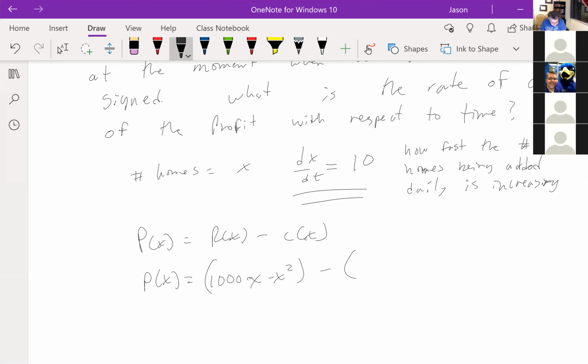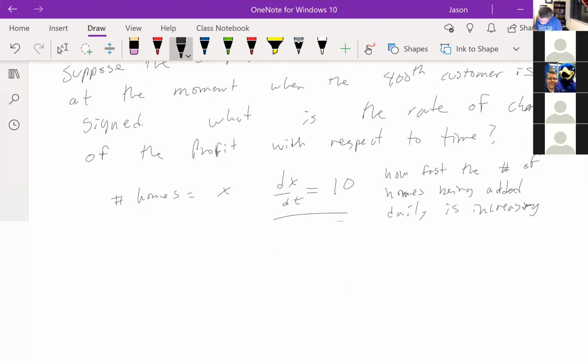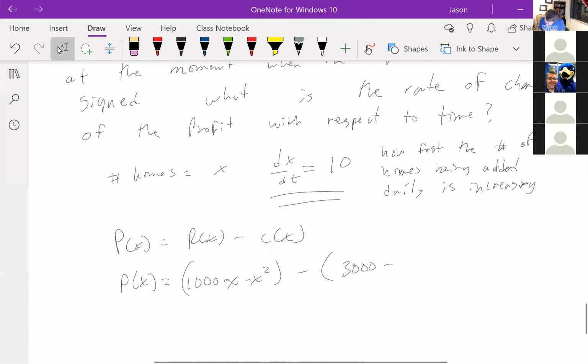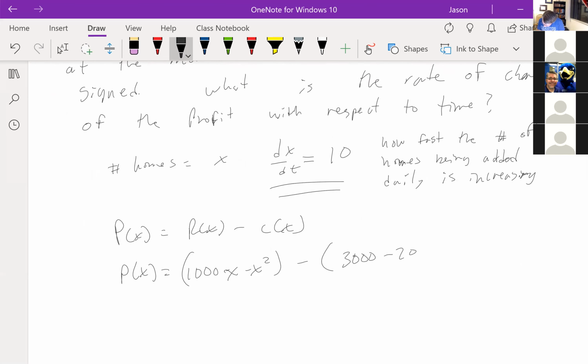C of x was 3,000 minus, oh, should this be 20? I think it should be 20. Yeah, it should be 20. I messed up. This should be 20, not 2. That will help. Minus 20x.